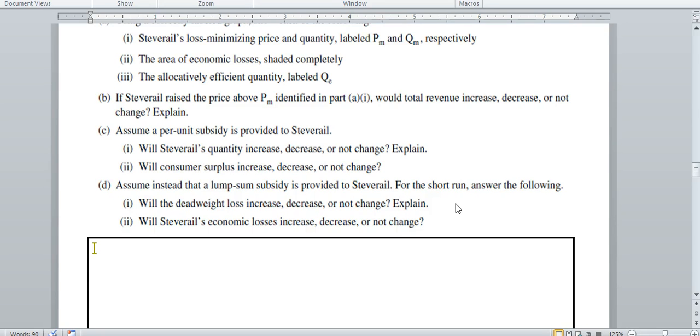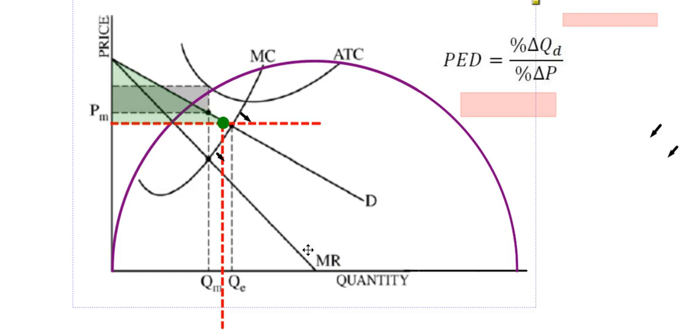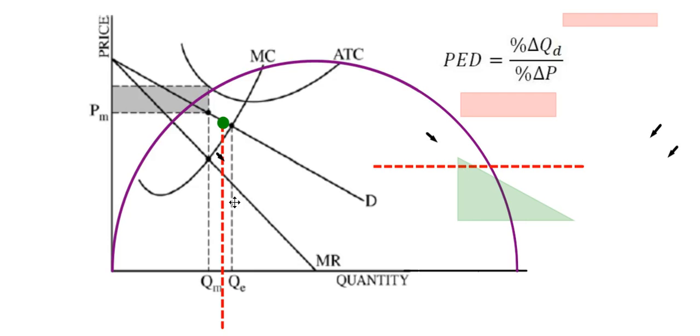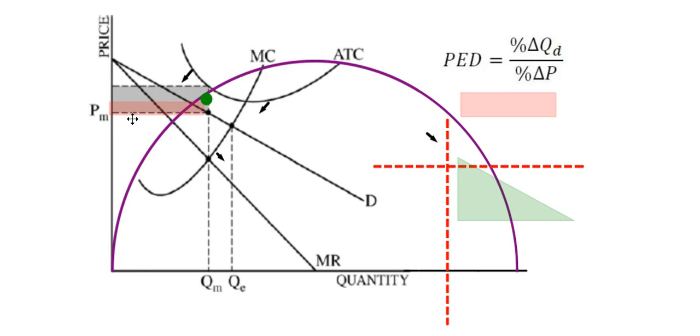Let me get all this out of the way so we don't get confused here. It's going to shift your average total cost curve down, which is going to put it maybe down here. So instead of the point being there, maybe the point's here. So your loss is going to shrink. Your economic loss is going to be less.